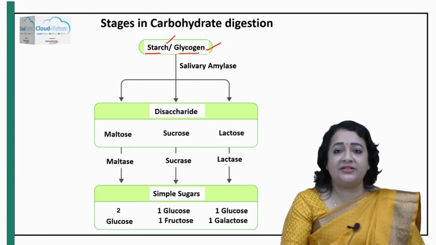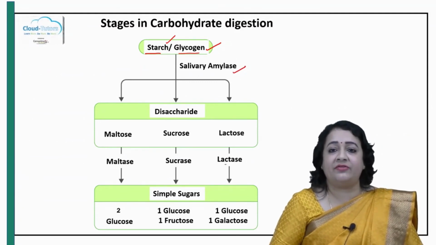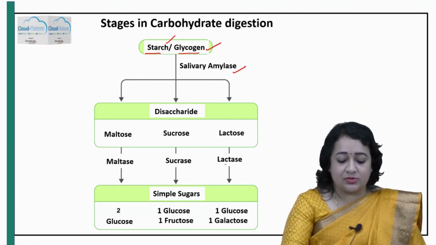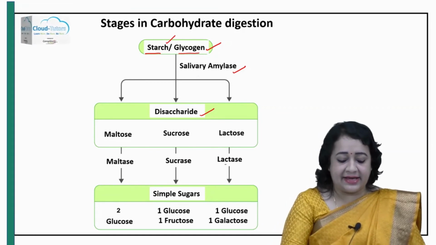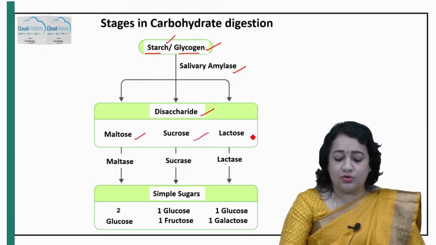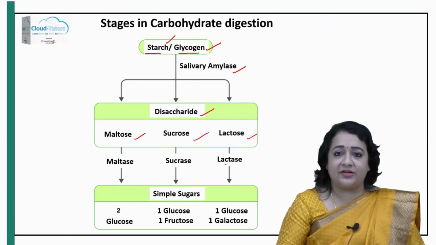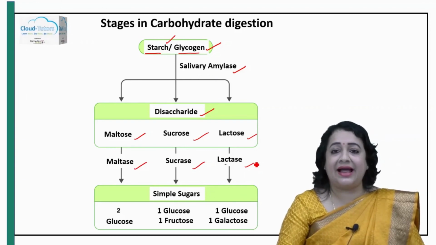This complex molecule will first be broken down by the salivary amylase when we chew the food in the mouth. That will be converted into disaccharides. Disaccharides can be maltose, sucrose, or lactose. These disaccharides are then acted upon by the enzymes maltase, sucrase and lactase.